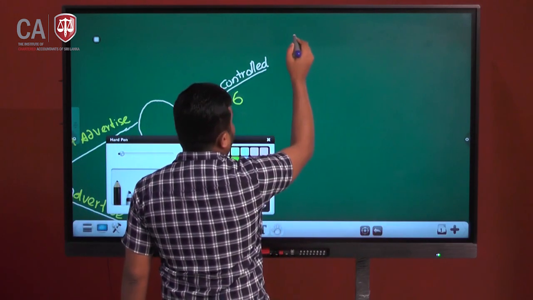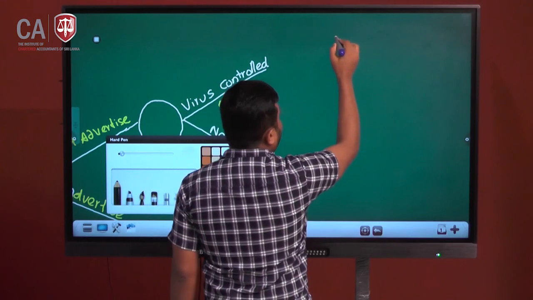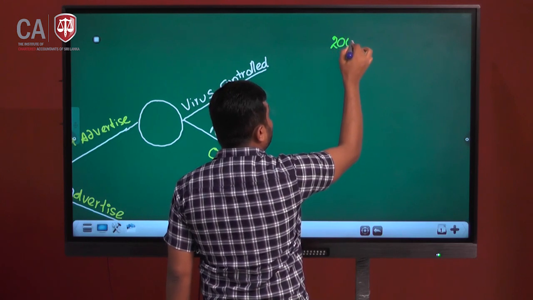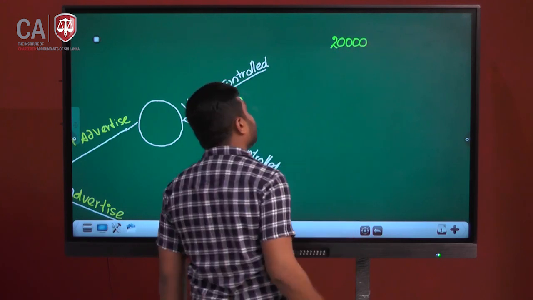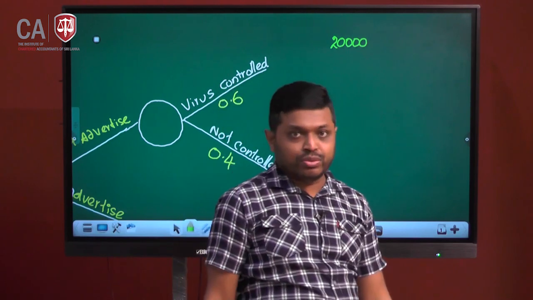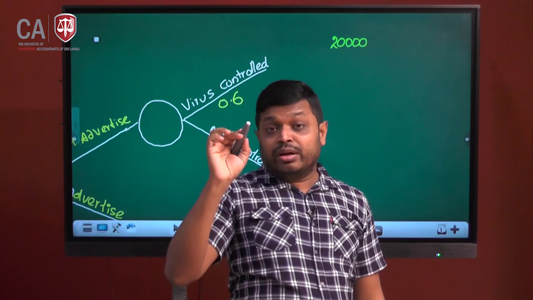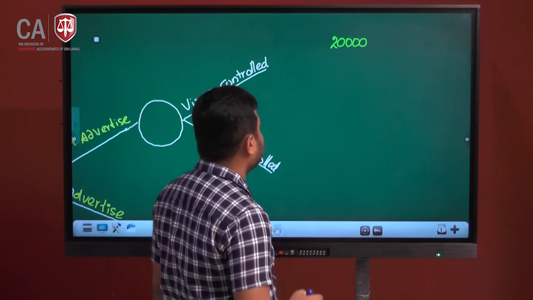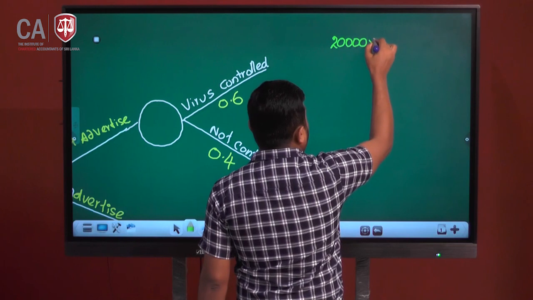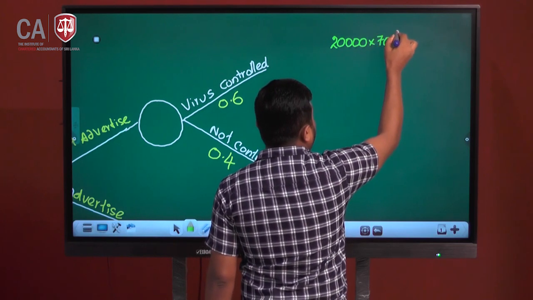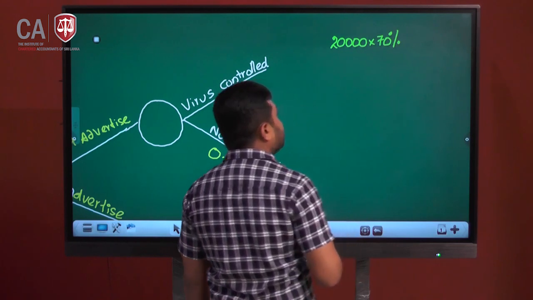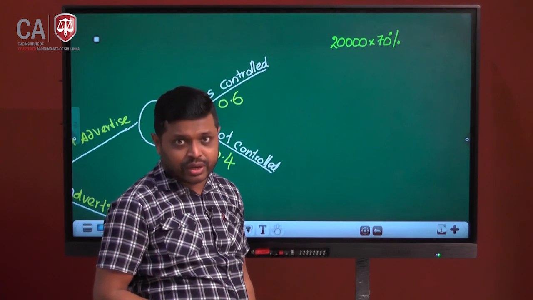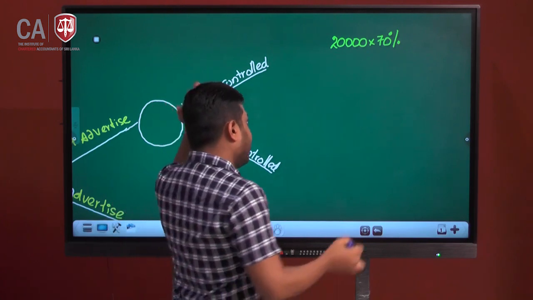Room night, you can charge 20,000. Contribution 70%, that means 14,000 per room night.